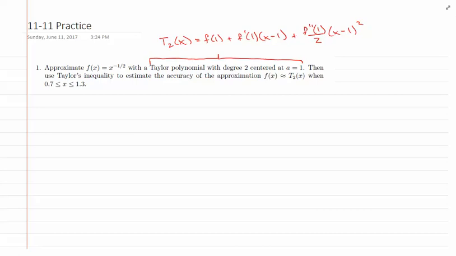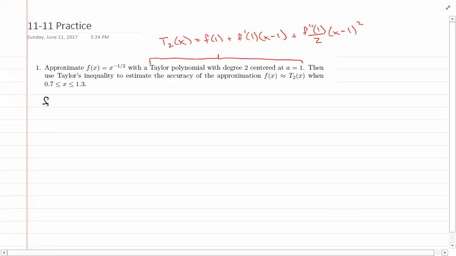Okay. Now for our particular function, we're dealing with f of x equals x to the negative 1 half. So I need to find f prime and f double prime, and I need to plug 1 into those functions.